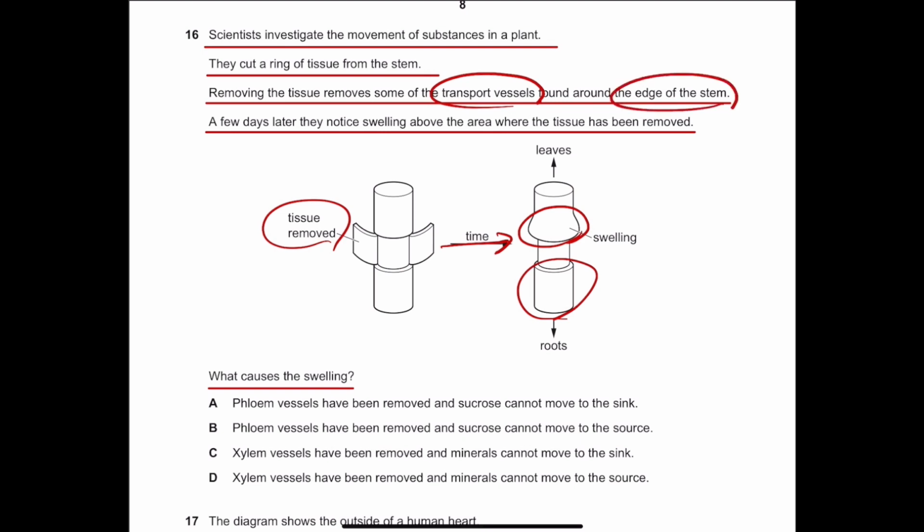So if we cut off the stem and see it, then there are two types of transport vessels called xylems and phloems.